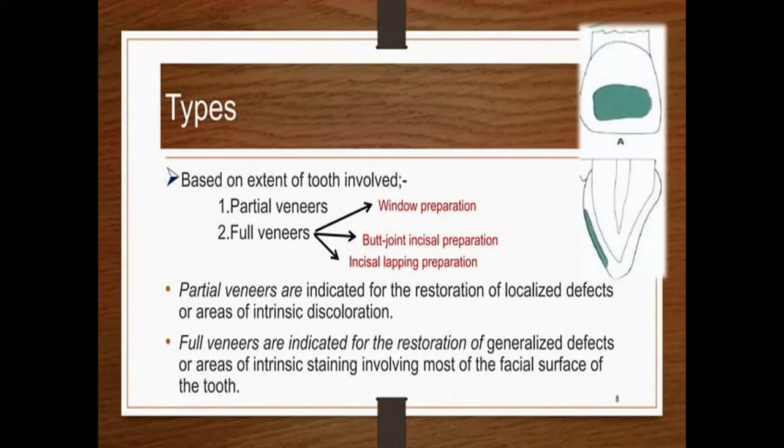Partial veneers are indicated for restoration of localized defects or areas of intrinsic discoloration. Full veneers are indicated for the restoration of generalized defects or areas of intrinsic staining involving most of the facial surface of the tooth.